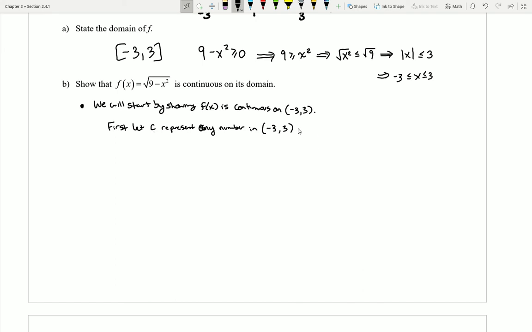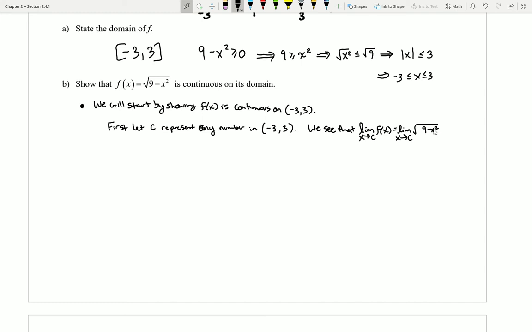Okay, well now let's go ahead and check continuity. So I'll say, we see that the limit as x approaches c for my function f of x would be equal to the limit as x approaches c of the square root of 9 minus x squared. Okay, now how would I compute a limit like this?